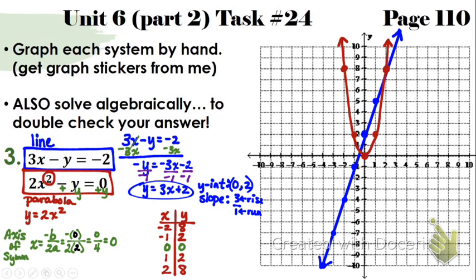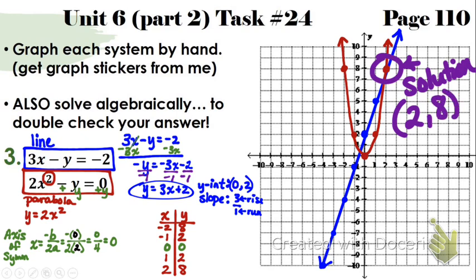How many times does it cross my line? Twice. Once right here, that's easy for me to see. There's a solution. Where's that ordered pair at? 2, 8. The other solution is right here, but I don't know what that ordered pair is because that's not crossing nicely, right?